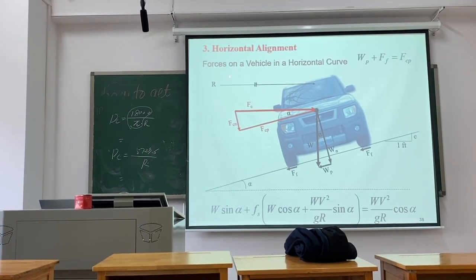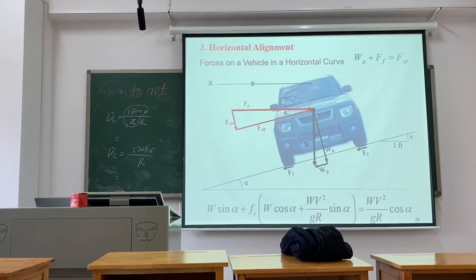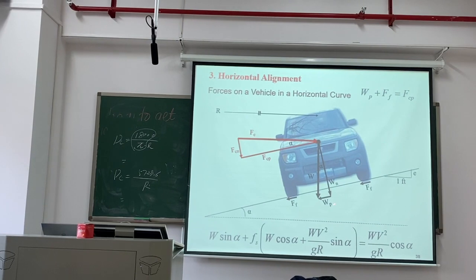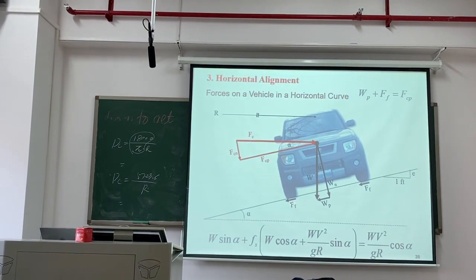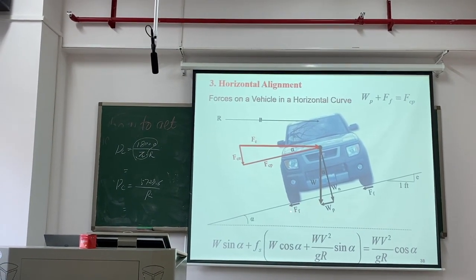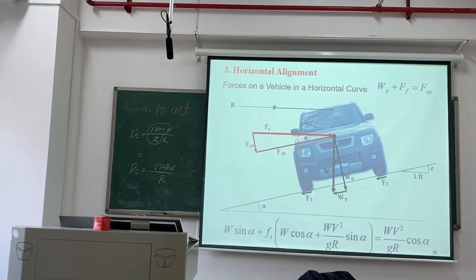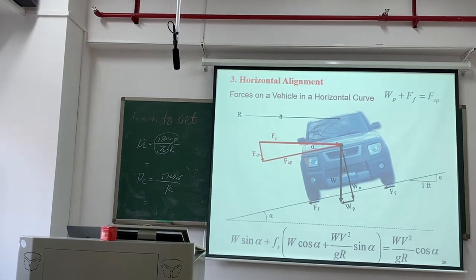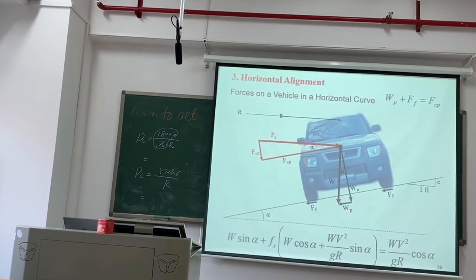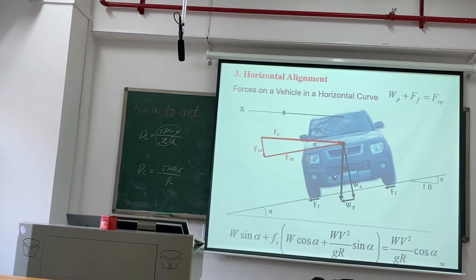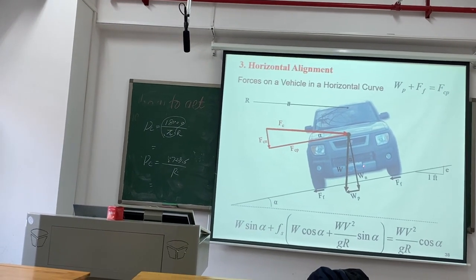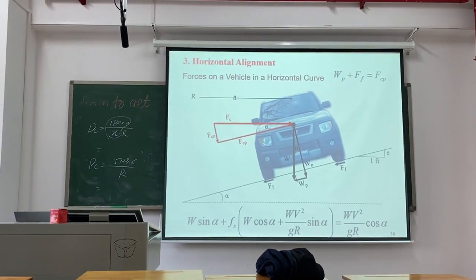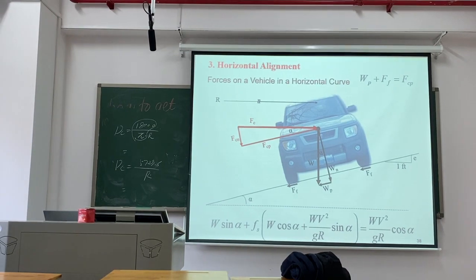This is forces on a vehicle in a horizontal curve. We can show the friction force for four tires of the car, the weight of the car, and the centripetal force.